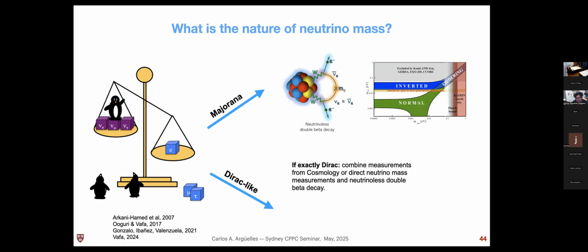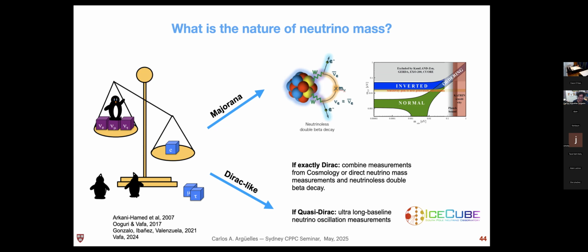You will not see that process. You could infer the neutrino mass from direct neutrino measurements and cosmology. And then if you are in the inverted ordering, you could conclude it's not Majorana. If you're in the normal ordering, unfortunately, there is this parameter space that goes infinitely low. So you will have to argue that you are not in that so-called funnel in the normal ordering to say that they are Dirac particles.